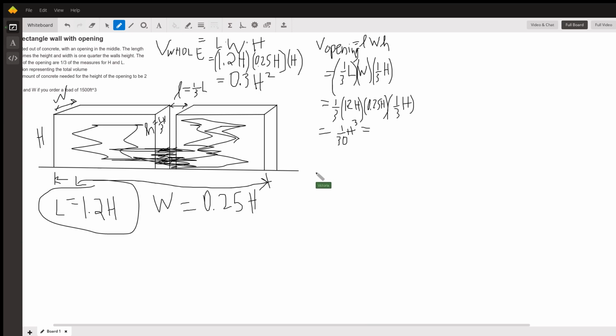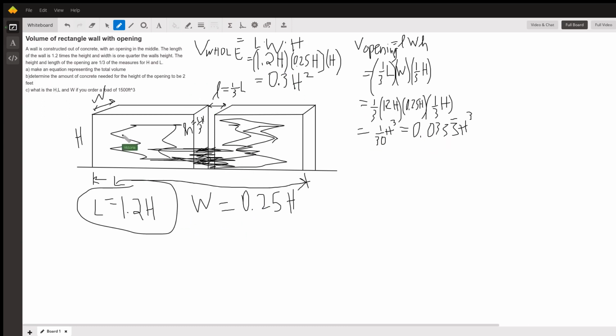As a decimal, that's 0.0333, basically the threes repeat, times H cubed. This is the opening that we have to subtract off. This is the hole. And look at this, we already did part A. This is an equation for the whole volume.